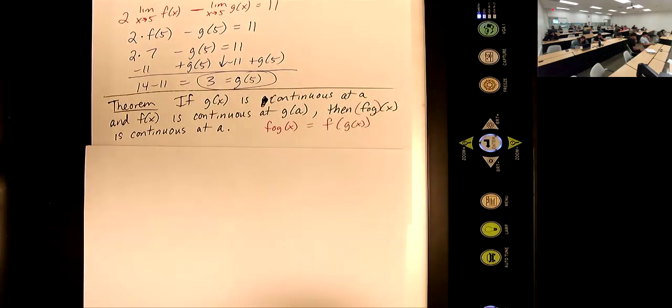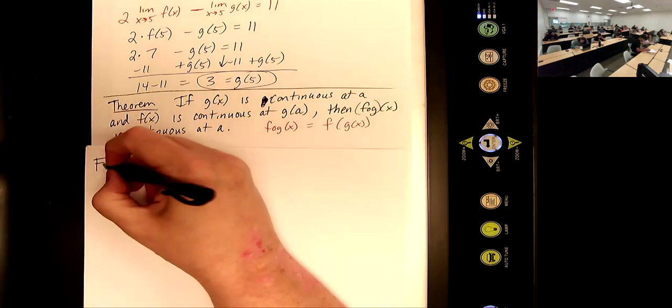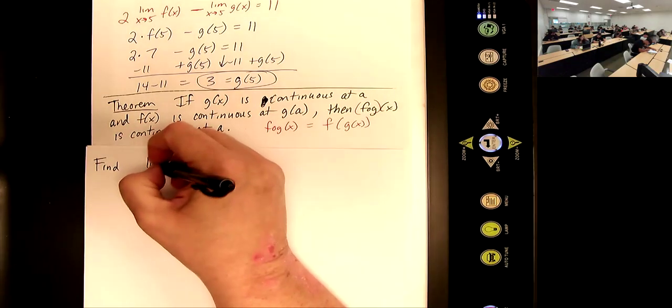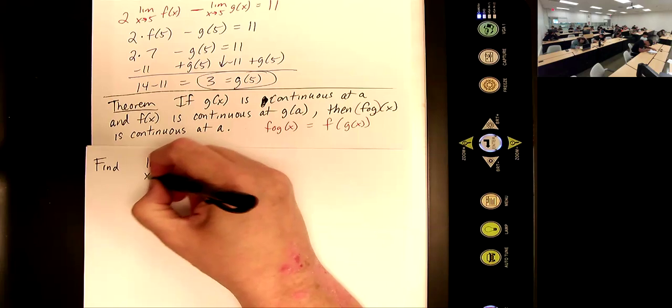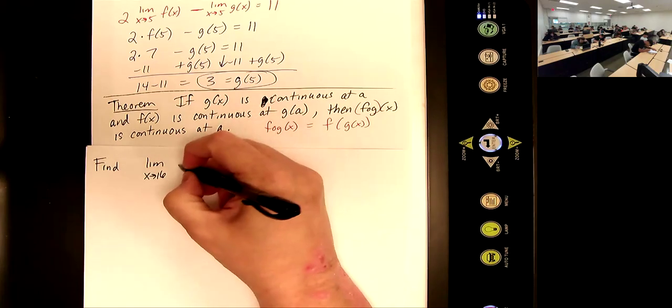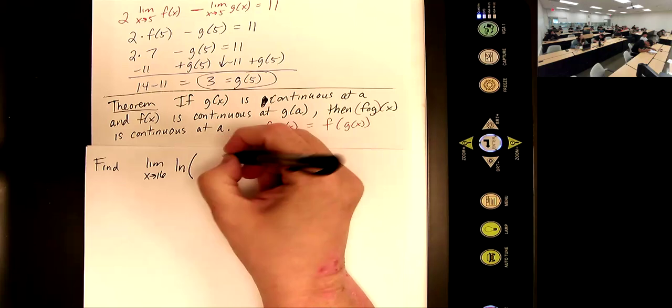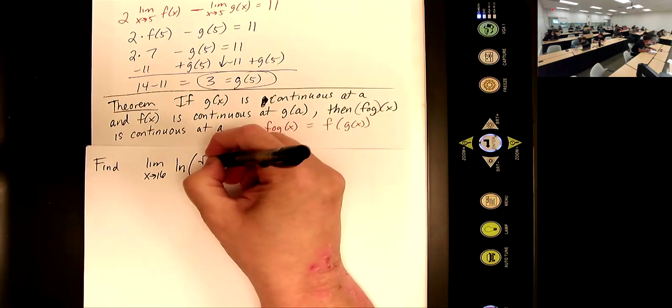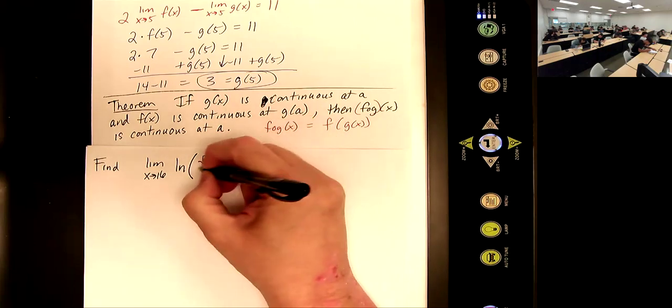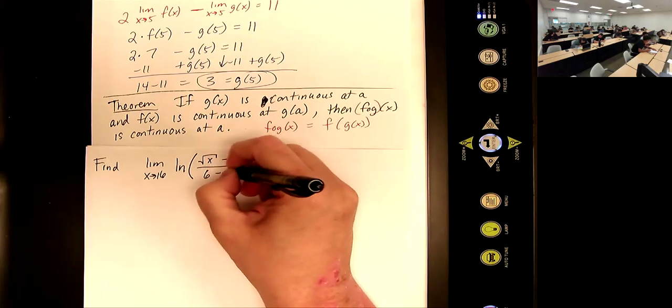Let's do an example. Find the limit as x approaches 16 of the natural log of the square root of x minus 2 over 6 minus the square root of x.